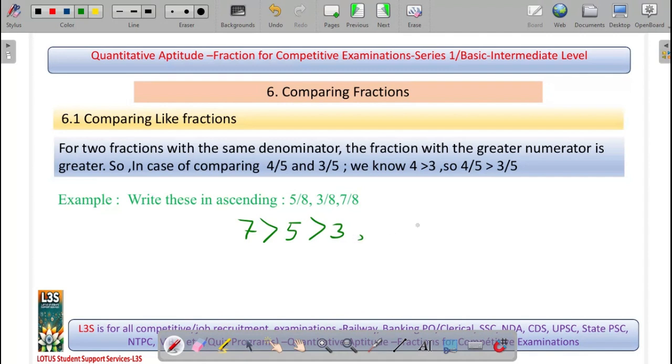So in ascending order, the smallest comes first: 3 by 8, then 5 by 8, then 7 by 8. This will be the ascending order, and descending order will be the opposite: 7 by 8, 5 by 8 and 3 by 8.